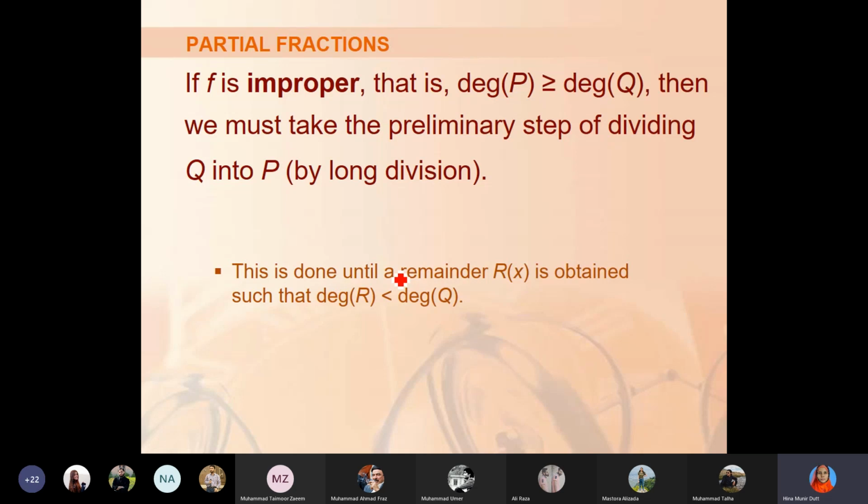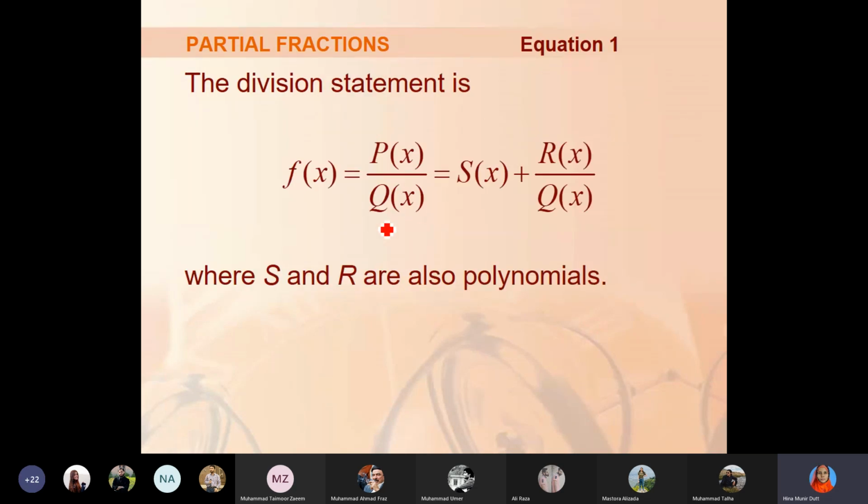If it is an improper fraction, you will do the long division and write it in this way, where this is the quotient. All of you know how to do long division.